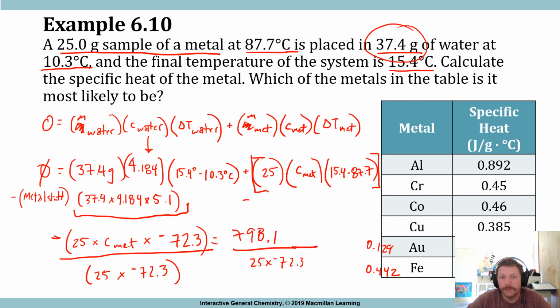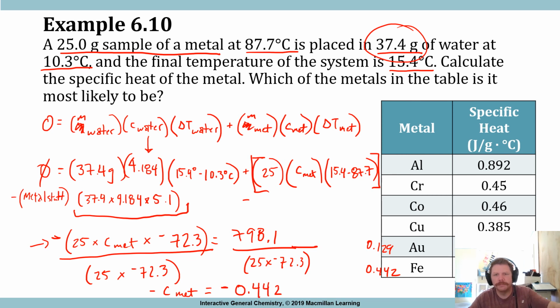Whenever I do that, this negative remains right here, so negative C of our metal is equal to 798.1 divided by parentheses 25 times negative 72.3 and close parentheses, equals negative 0.442.